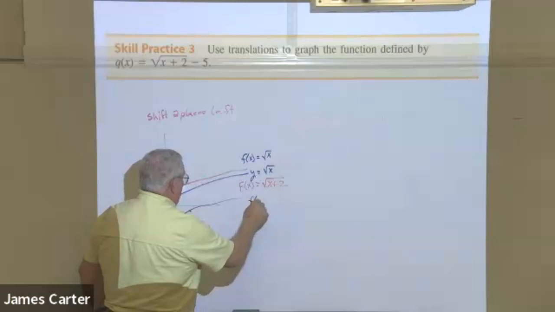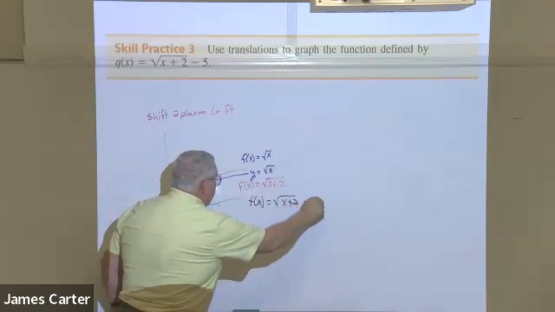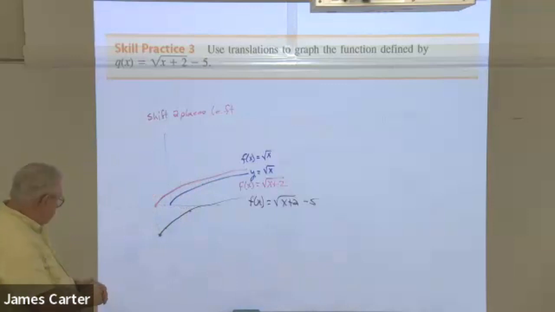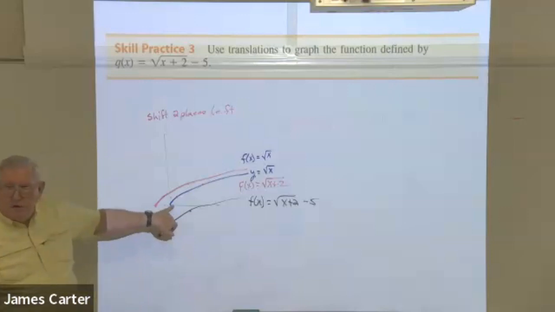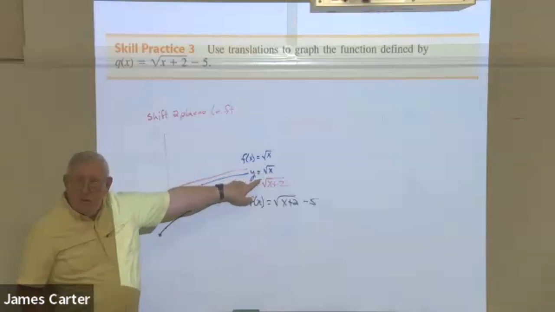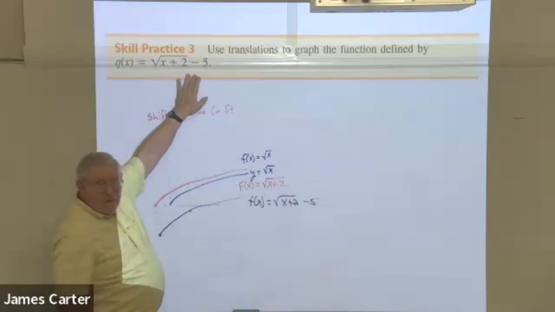F of x or y equals square root of x plus 2 minus 5. Get the shifts, but how do you graph this? Okay, do you agree that this is the standard form according to that sheet I gave you? For this equation, what I did here was for this one, just that part of it by itself.